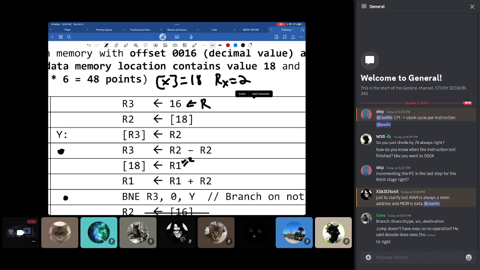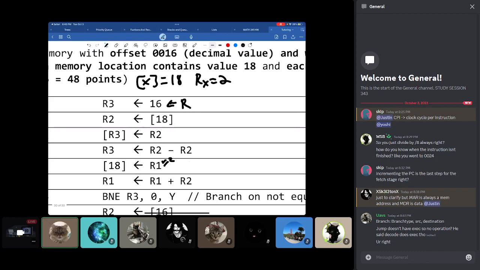The destination would be R3, and the source would be the immediate value 16. The operation would be an R type. In the exec stage, we put immediate value 16 into register Z, and then from register Z it goes into R3 during the write back stage. Okay.